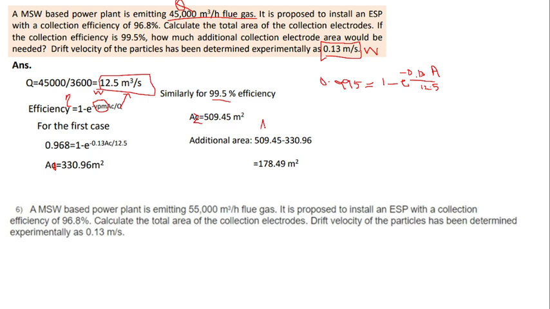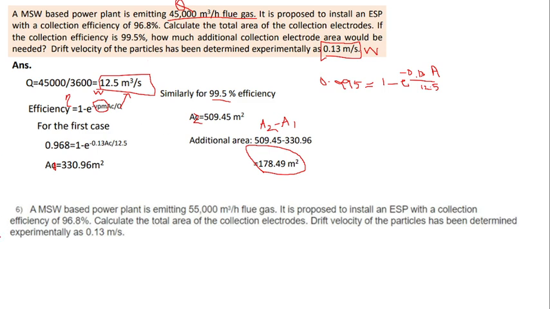So the additional area required is calculated by subtracting A1 from A2. So A2 minus A1 is 509.45 minus 330.96, which is nothing but 178.49. So this is the additional collection electrode area required to improve the efficiency from 96.8 percent to 99.5 percent.